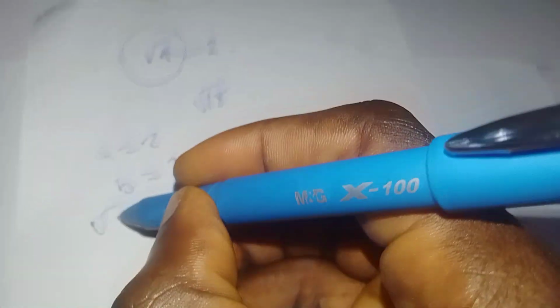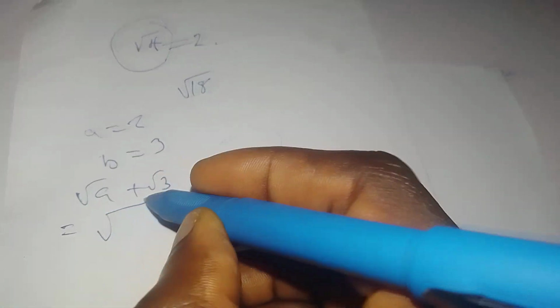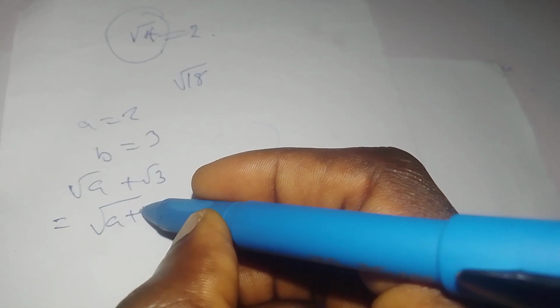Let's test that. Let's assume that a equals 2 and b equals 3. What's the square root of a plus the square root of b? Will it be the same thing as the square root of a plus b?